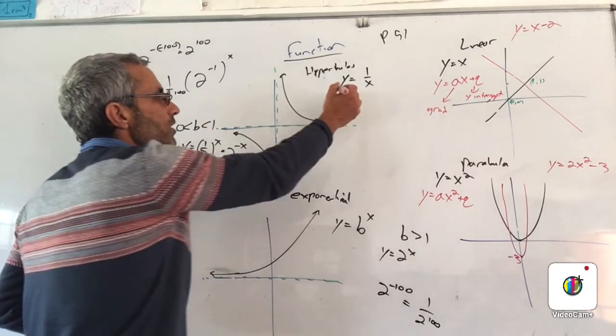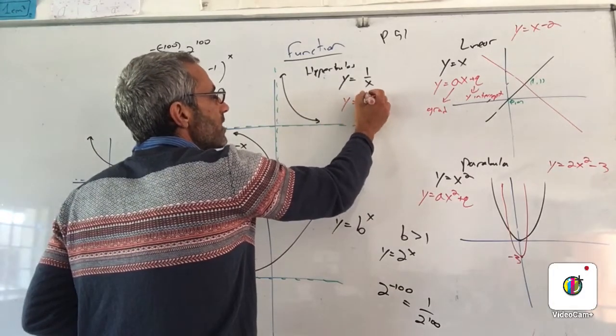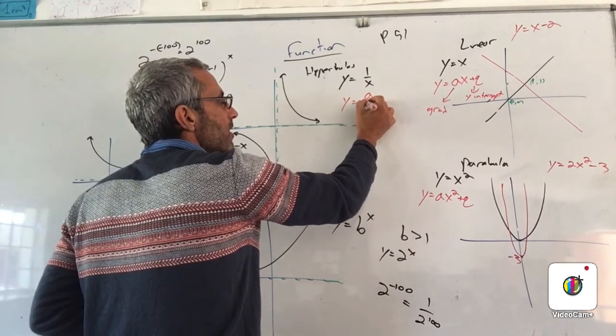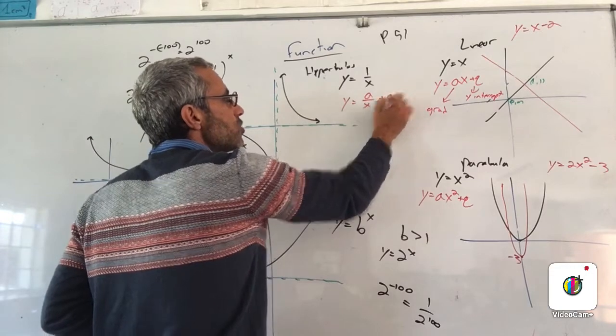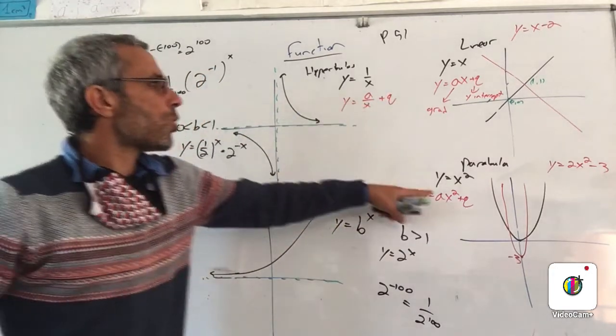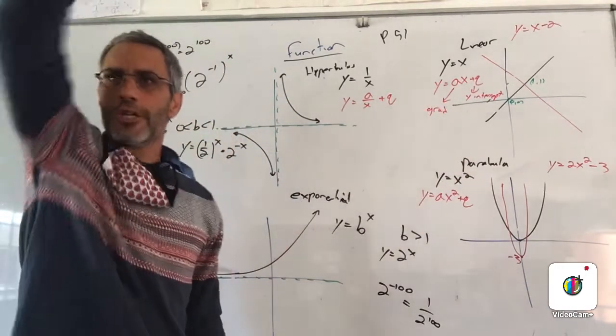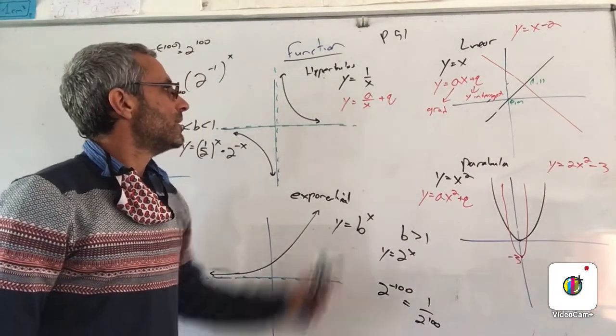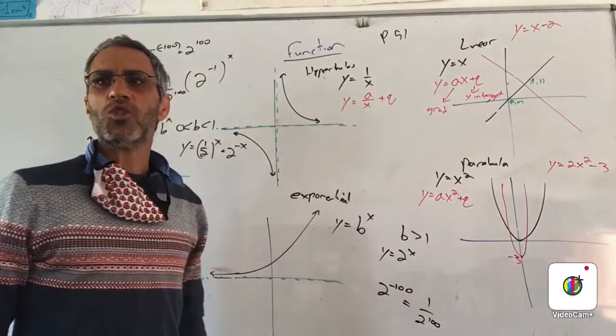Moving on to here. What did we do with that? We said, okay, let's take this mother graph and turn it to y equals a over x plus q. Again, the q in all these cases is basically a vertical shift. If it's positive, it goes up. If it's negative, it goes down. The a makes it get more steep.